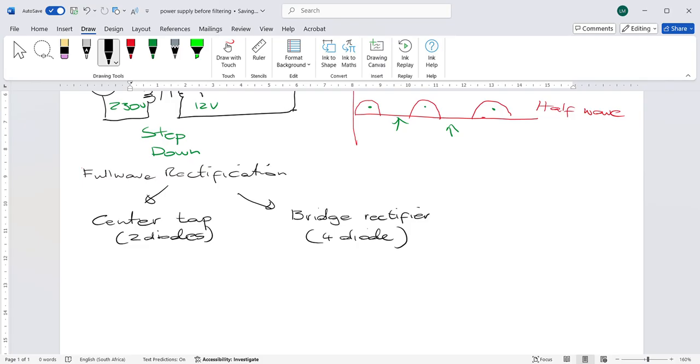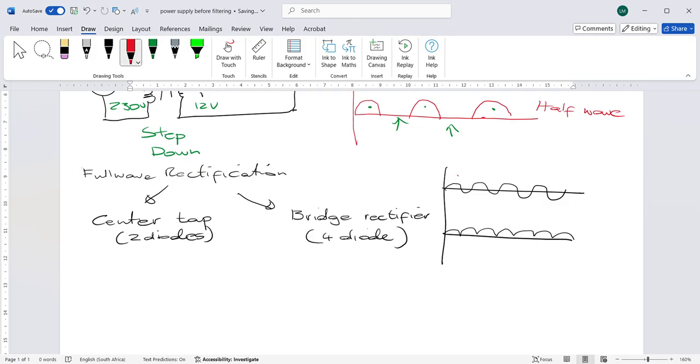In both situations, your waveform will come like this, a sine wave. Because it is full wave, you will have something like that. Meaning that you've got both of these.